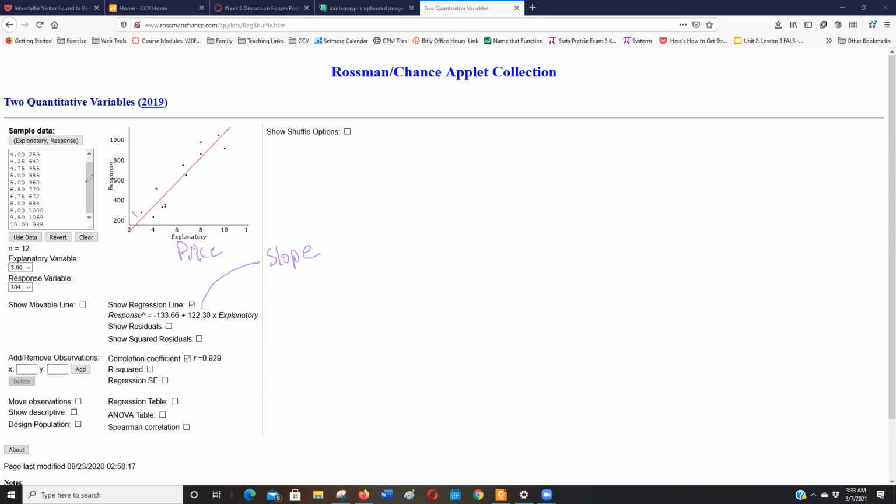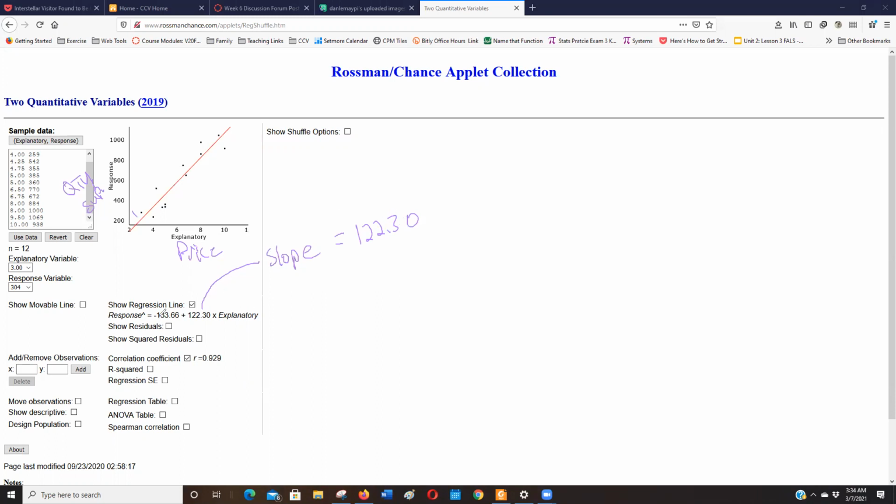This is the quantity supplied. The slope shows me that for every additional $1 increase in price, the quantity supplied goes up by 120.30 on average. That's why it's okay to say 0.30.